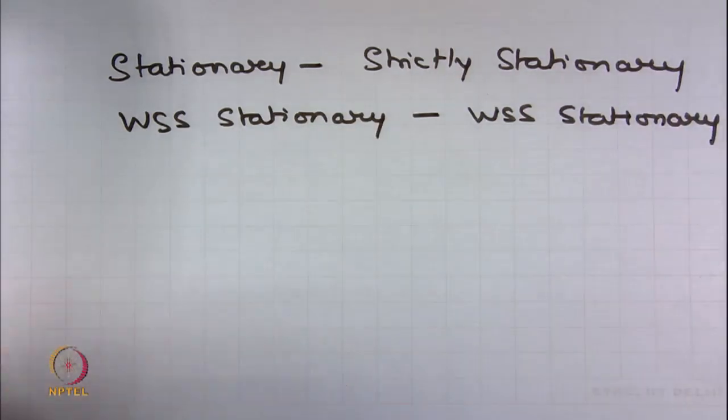It is also important to note that these words are not used consistently in literature. So, remember that when we say stationary or a strictly stationary process, we mean that the joint probability density function of the random process is invariant to time shift, whereas when we say wide-sense stationary process, it simply means that the covariance function and mean are invariant to time shift.